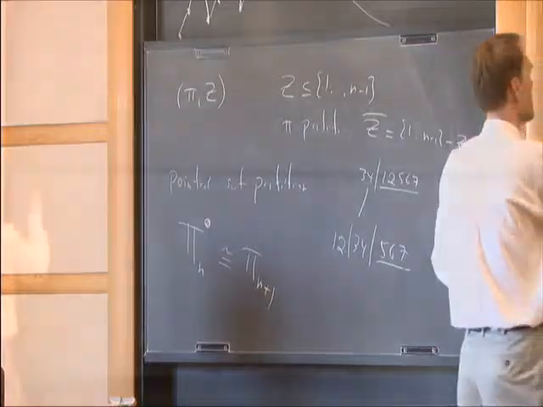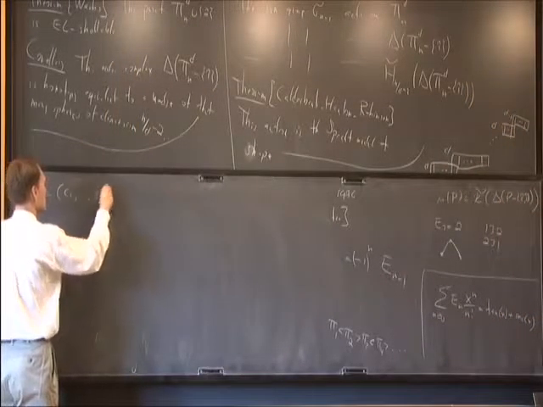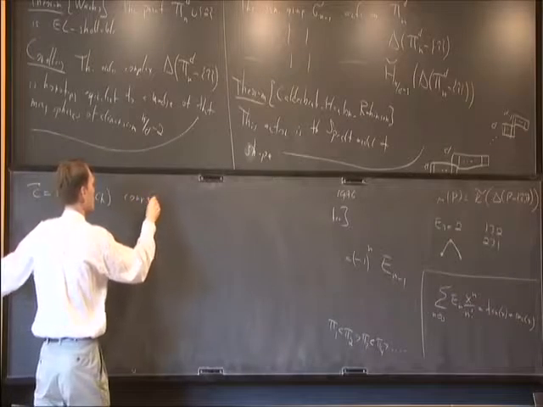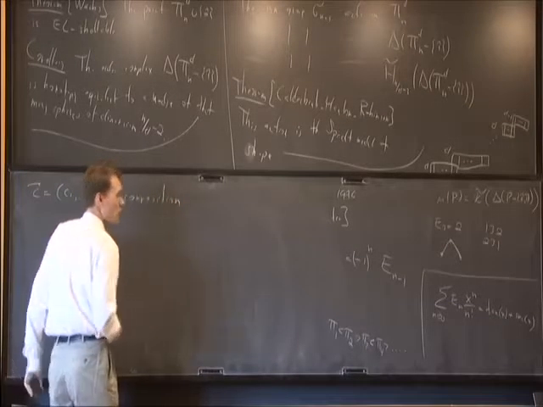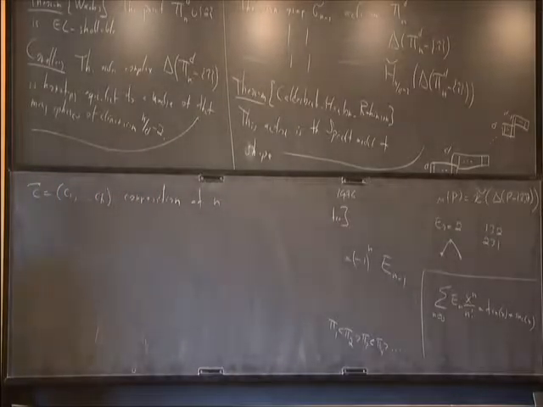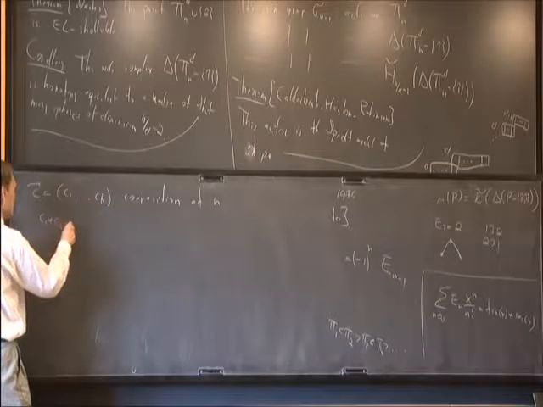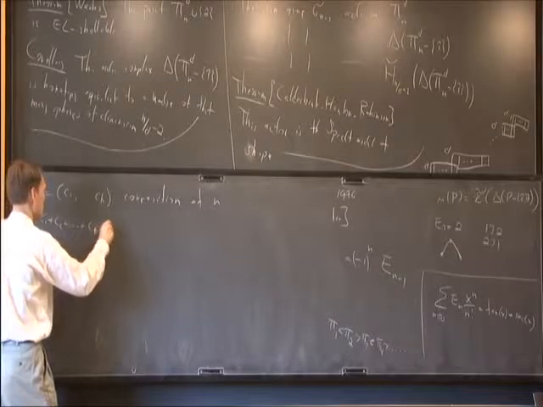The other structure I'm going to see, I'm going to need composition of n. And that just means the sum of the entries in this vector is going to be n.